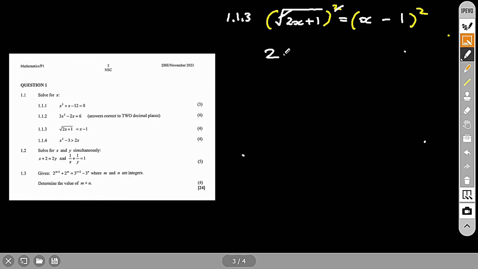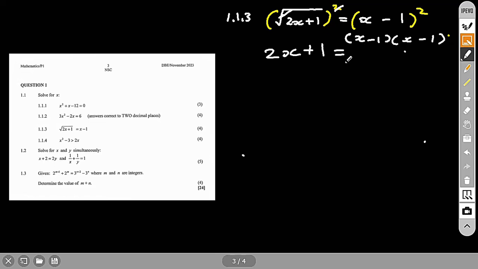So we'll be left with 2x plus 1 is equal to, but on this side, we are now expanding this bracket. So to avoid mistakes, just do it the long way.